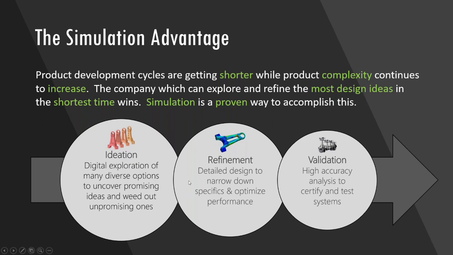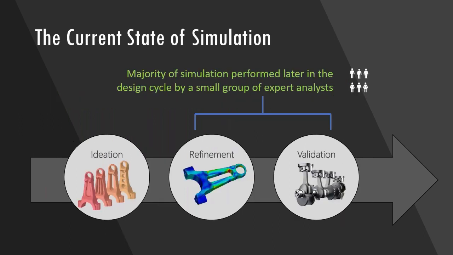And in a typical customer, that refinement and validation is when the simulation is happening. But simulation is one of the biggest differentiators for top companies to really deliver top products to the field and to the world. So companies want to get simulation into their design process faster, quicker, and earlier.